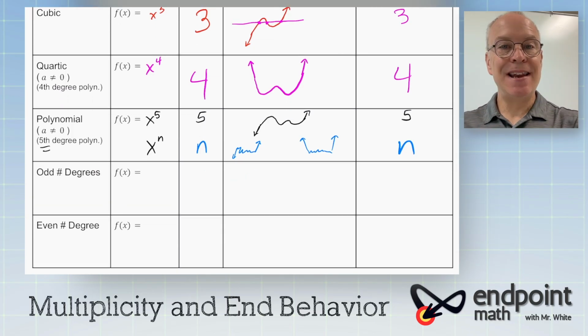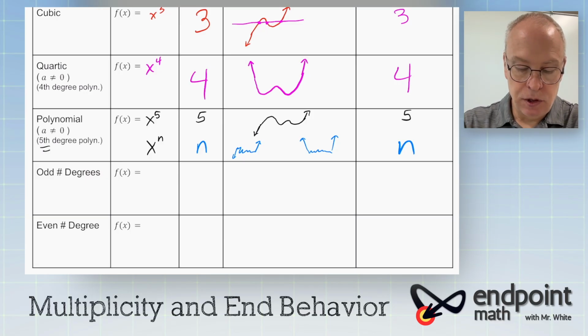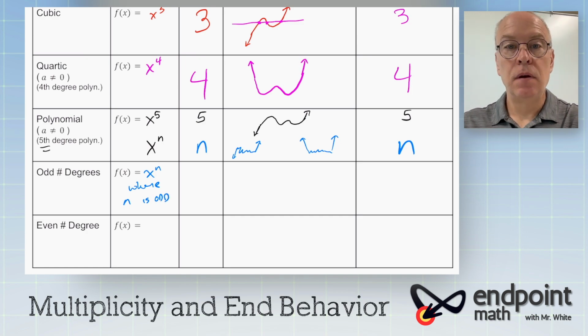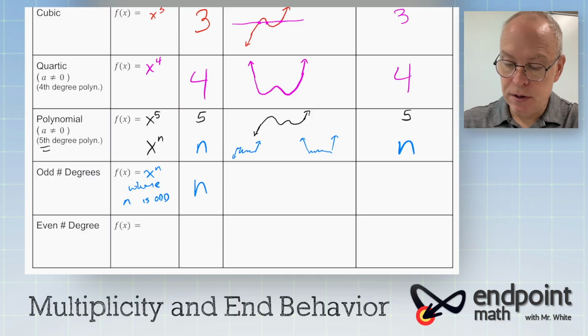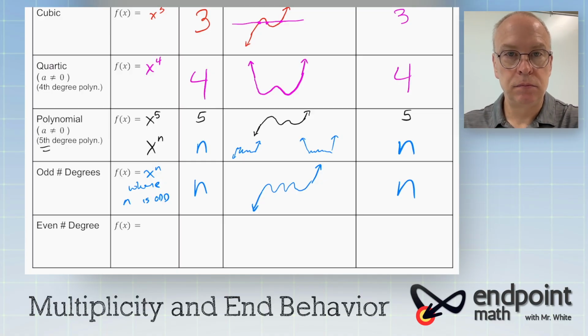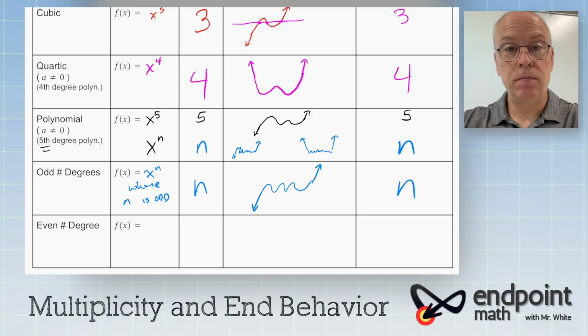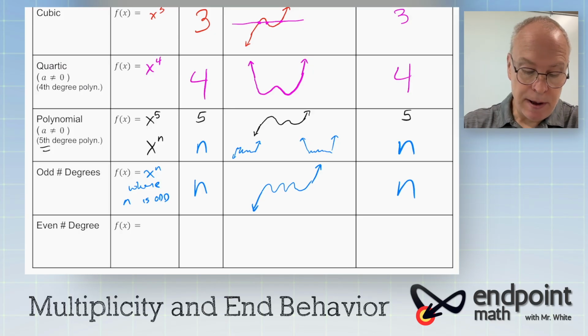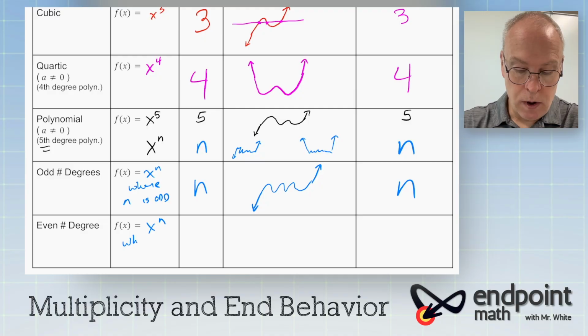So if it's an odd degree, so this would be x to the n, where n is odd, the degree is n, possible zeros is n, and the shape will be like this, folks. It will have something going on in the middle, possibly, and it will have n zeros. That's an odd degree. Now, what about an even degree? X to the n, where n is even.